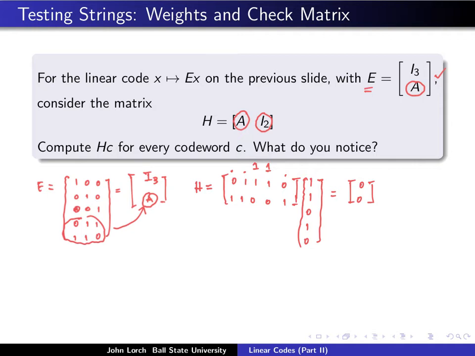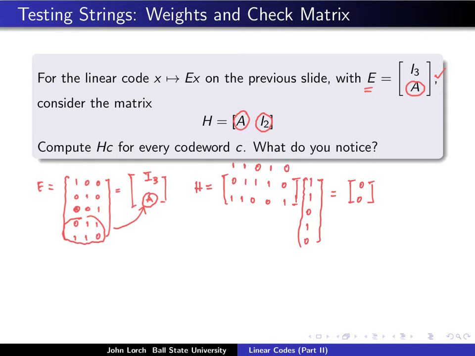And now when we multiply the matrix times that vector, what are we doing? Well, apparently we're taking 1 times the first column plus 1 times the second column, 0 times the third column, 1 times the fourth column, and 0 times the fifth column.